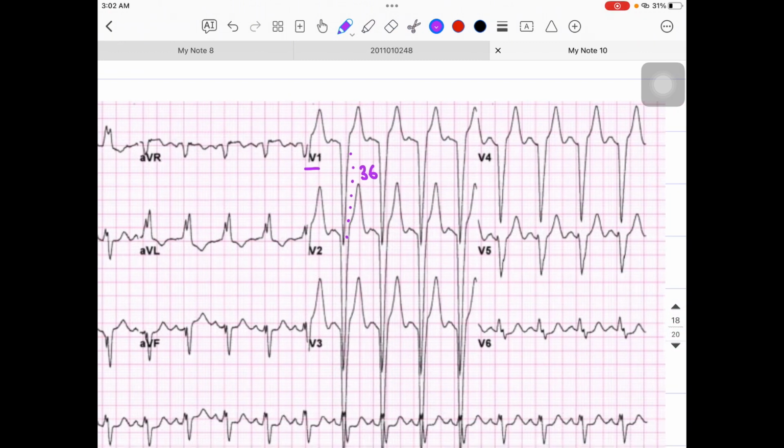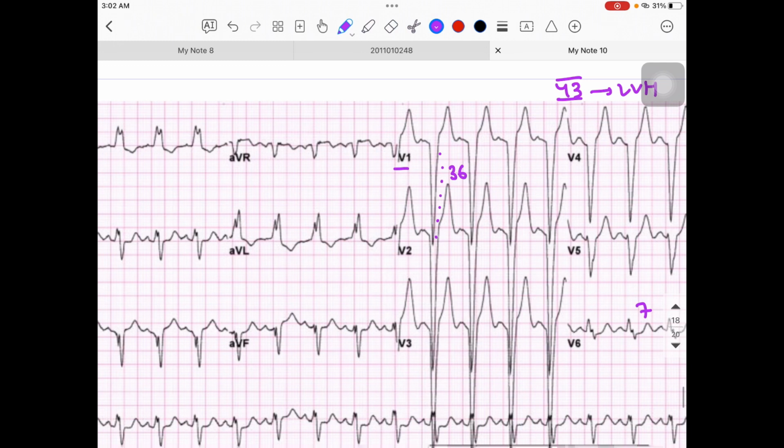In V6, 1.5, so around 7 boxes. 36 plus 7 becomes 43 small boxes, so more than 35 obviously, so that becomes your LVH. Seeing AVL, there are around 10 boxes, so that is fine.